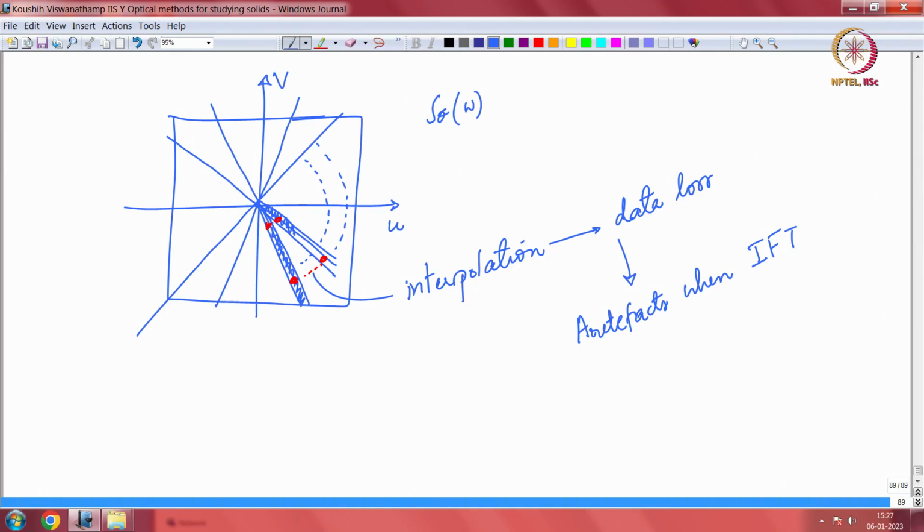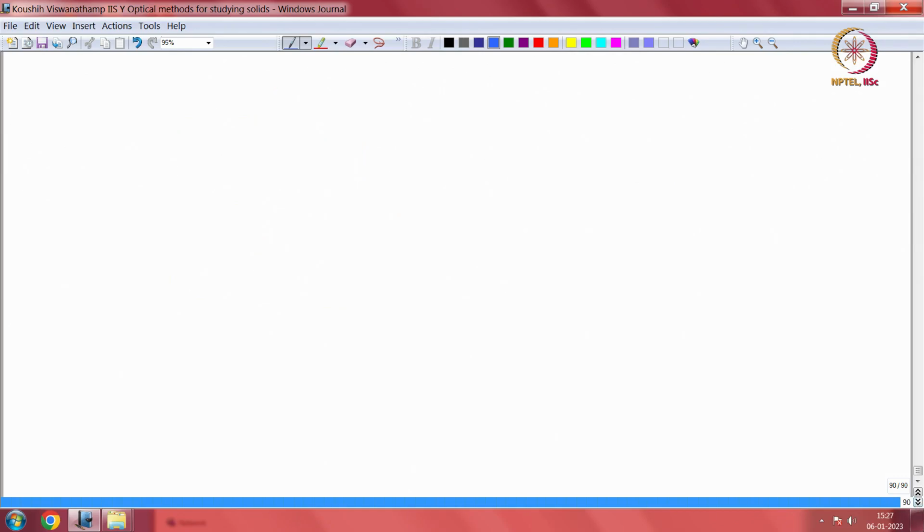Okay. So, I will just outline a sequence of steps, so that if you want to implement your own scheme it should be fairly simple to do. So, let me summarize the sequence of steps for FBP, which stands for filtered back projection.